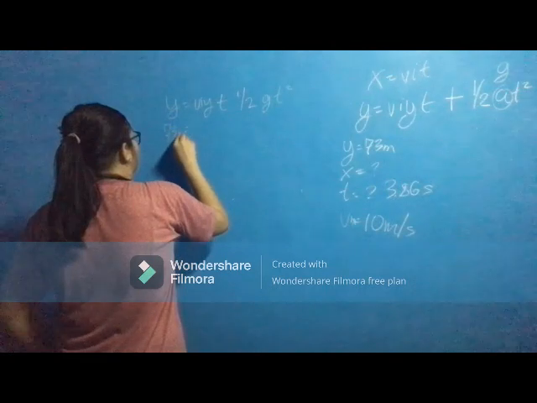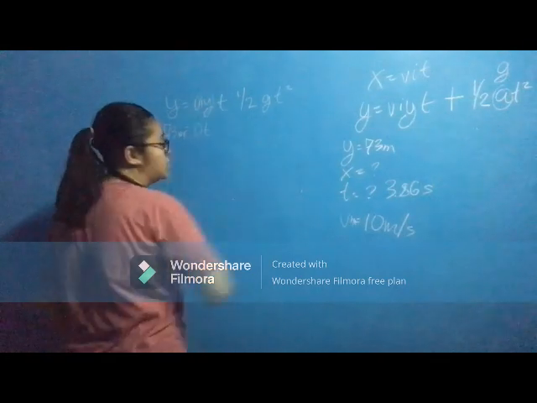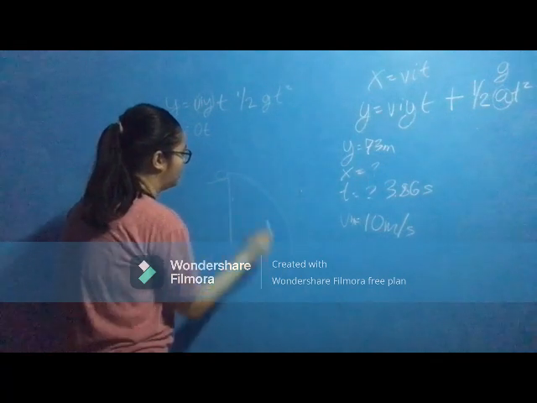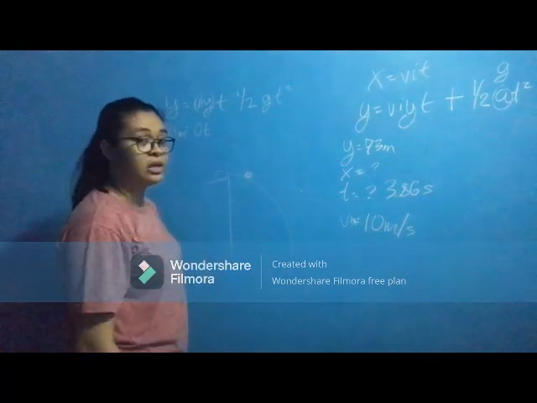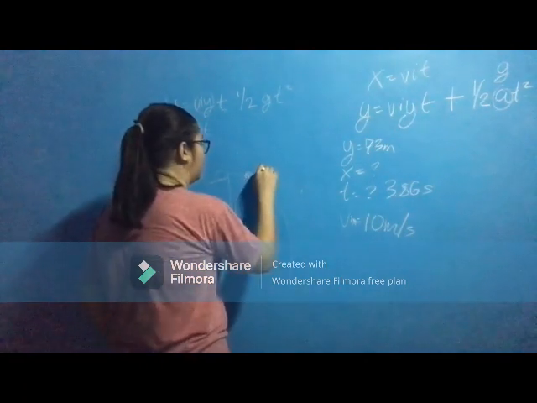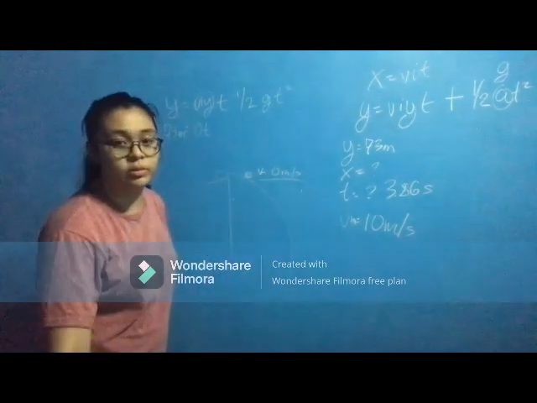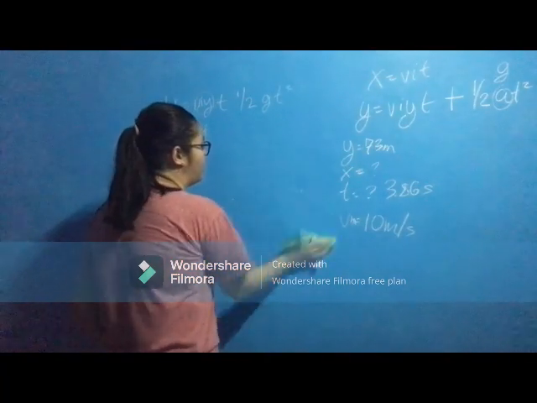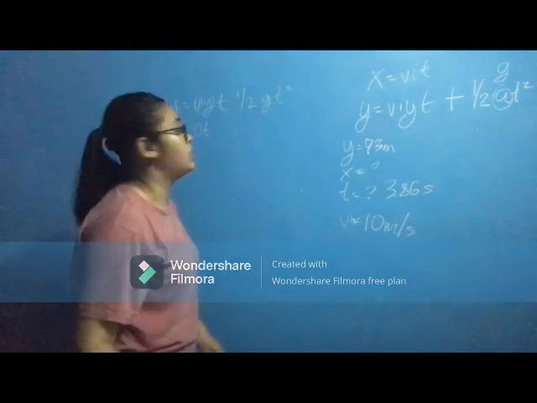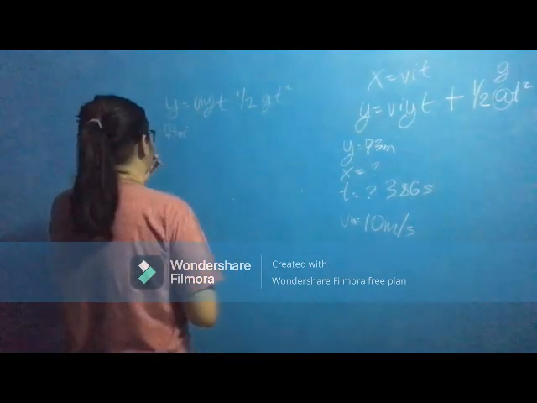So this is 73 meters. This is going to be 0 since in the diagram that I used here, on the maximum height, the velocity in the vertical position would be 0 meter per second. So therefore, our velocity for y would be 0. In any case, it's automatically 0 even if we did find the time for that.